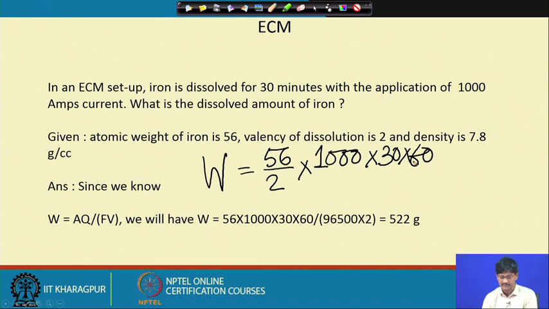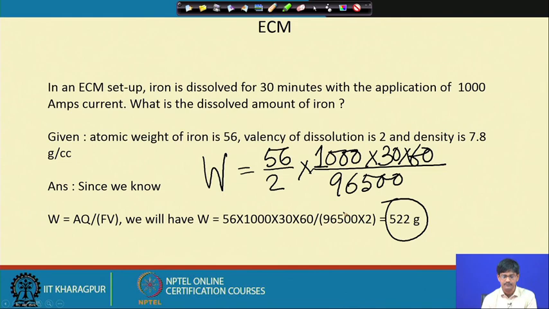Once we have this, 56 by 2 into this divided by 96500, Faraday's constant, after calculations will give you 522 grams of iron. Just imagine, you are able to dissolve about half a kg of iron by applying this current for 30 minutes. Next.